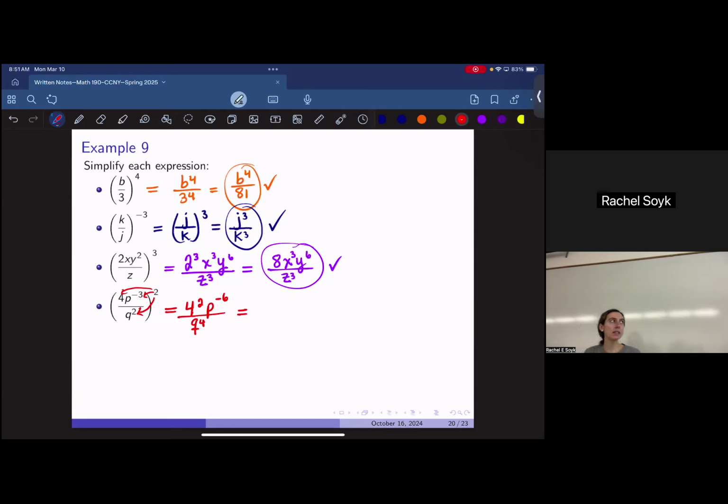And we have a p to the negative 6 in our numerator. How do we make that positive? We just bring it down to the denominator. So we end up with p to the positive 6 in our denominator with our q to the 4th. And then our 4 to the 2nd is just 16.